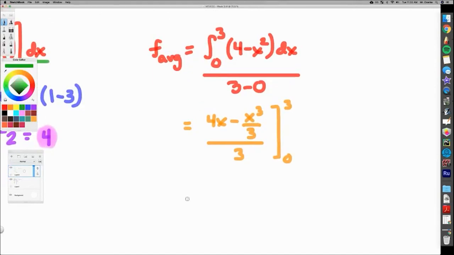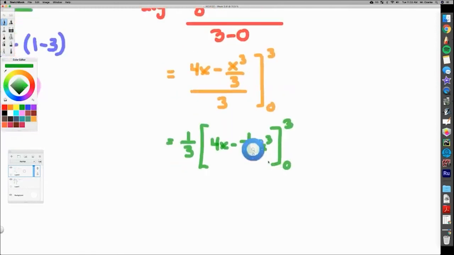I like to pull the 1/3 out. So I'm going to do that, pull the 1/3 out. And then we're integrating 4x, so change that to a fraction, from 0 to 3. You plug in 3, you're going to get 12 minus 9. 3 cubed is 27 divided by 3 is 9.